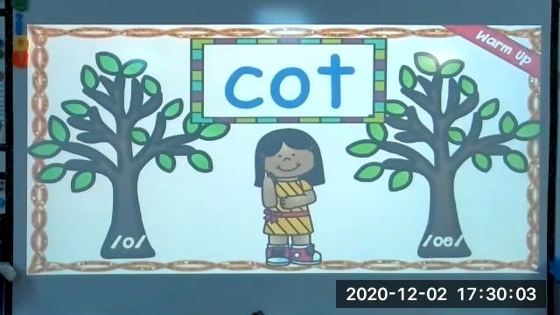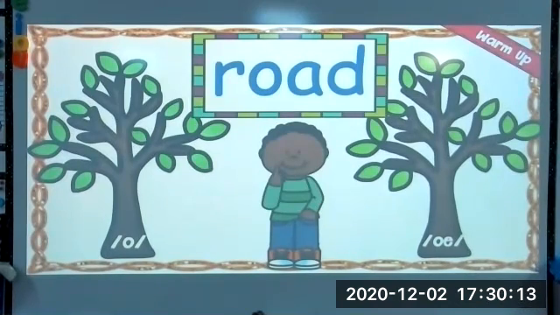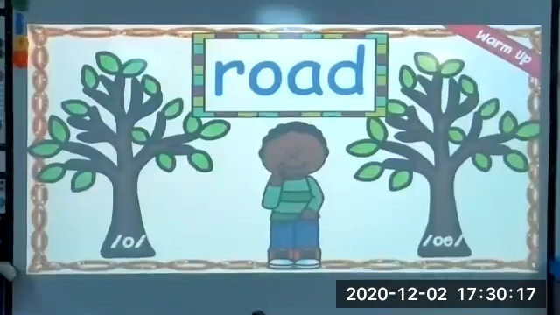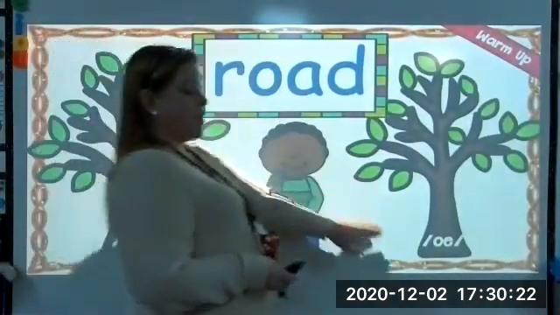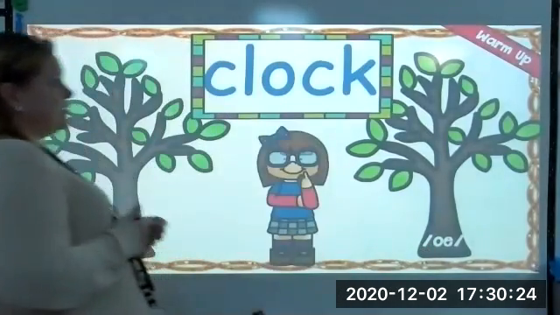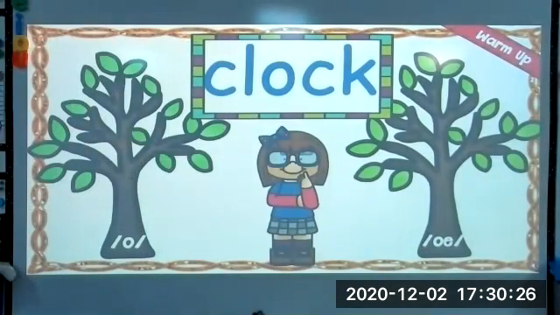The next word is caught. Where should that one go? On the aw tree. What about the word road? Where should that one go? It should go on the O tree because OA together says O. The next word is clock.